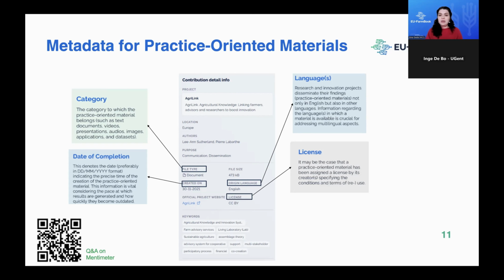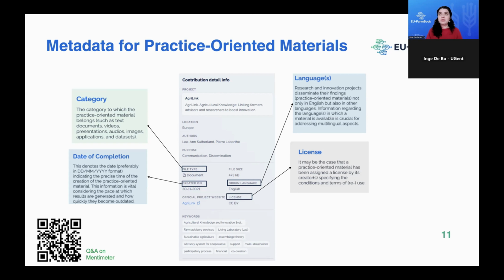For the language, it's important to have this added in the metadata form, because most of the findings in the research and innovation projects are disseminated in English, but also in other languages.